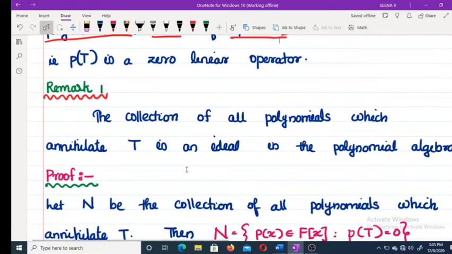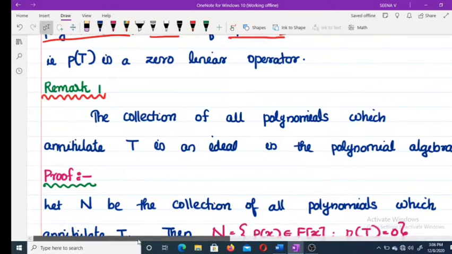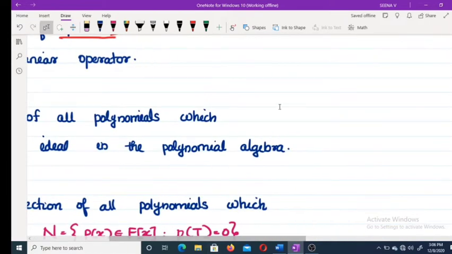Now the collection of all polynomials which annihilate T is an ideal in the polynomial algebra. Now what is meant by an ideal? Just to recall the definition of ideal: an ideal in F of x.